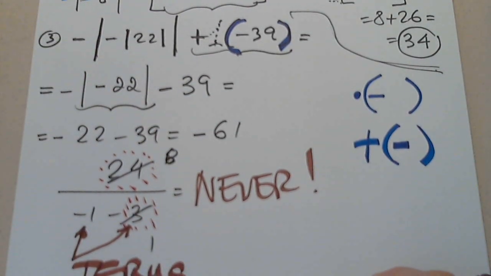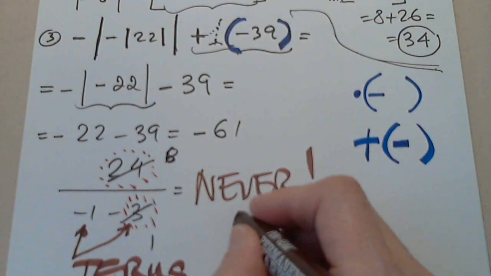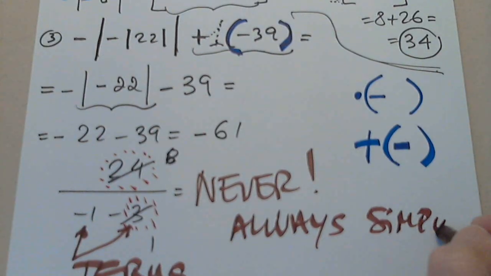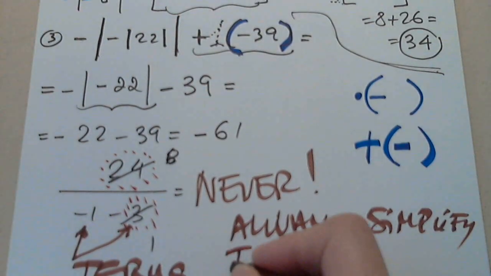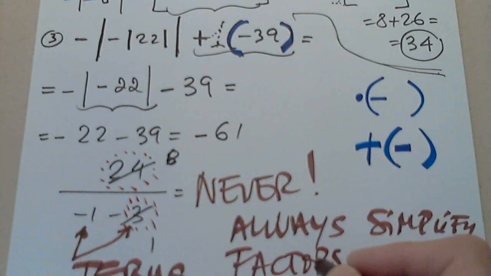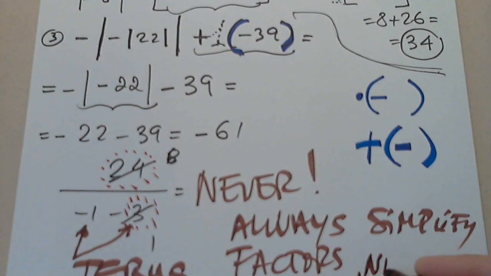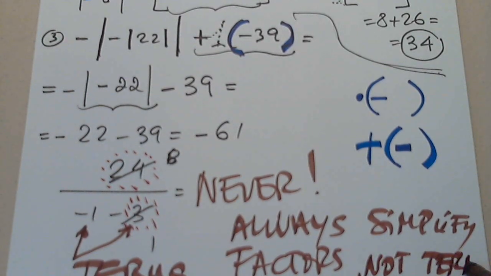And we can never simplify terms. Very good. Always simplify factors. Factors means they are connected by multiplication, not by addition or subtraction. Always simplify factors, not terms.